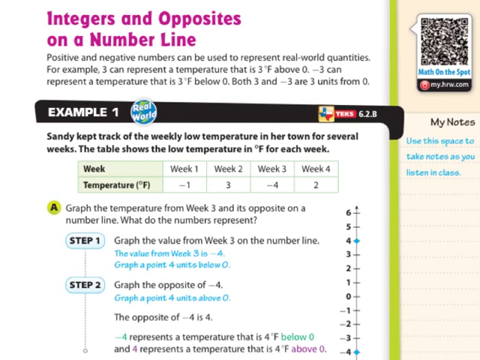So basically the opposite of 2 would be negative 2. Negative 4's opposite would be 4. And 3's opposite would be negative 3, and negative 1 is 1.